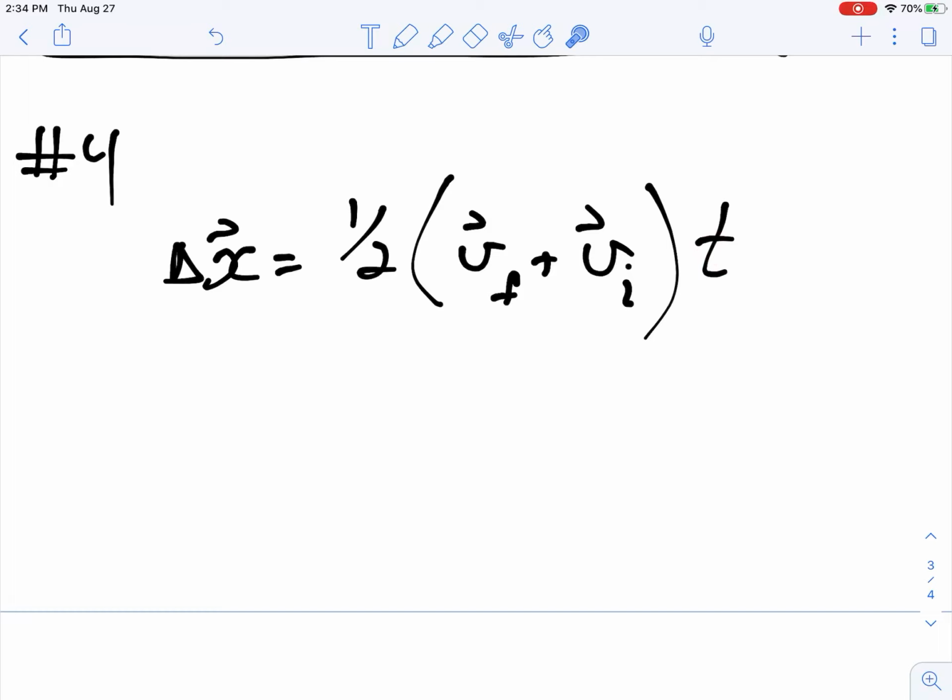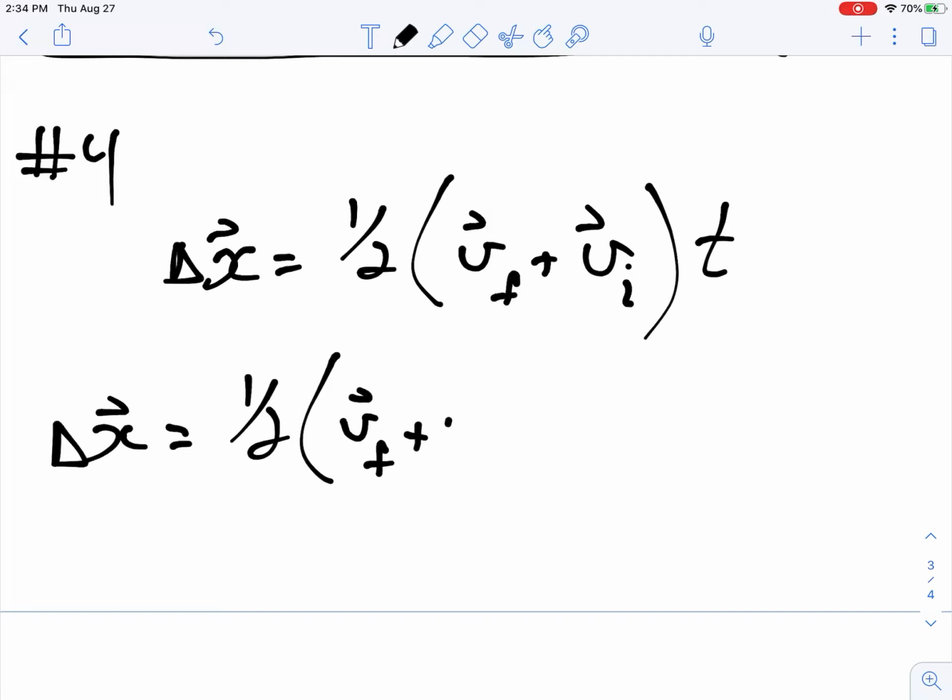So let's write this out and get ready to substitute. So 1/2 (V final plus V initial), and here's my square bracket ready to substitute for T.